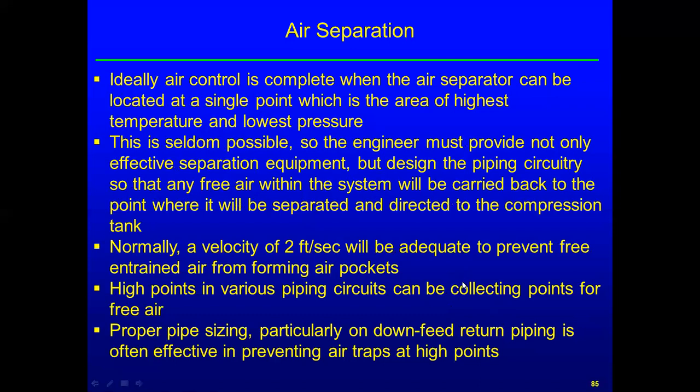Air is going to rise when the system is filled, and if we don't vent it, it will stay there. Proper pipe sizing, particularly in down feed return piping, is often effective at preventing air traps at high points. This means that we're going to have our 2 feet per second or higher in this down feed return piping, and that will bring air bubbles that have come out of solution back to the point of air separation.